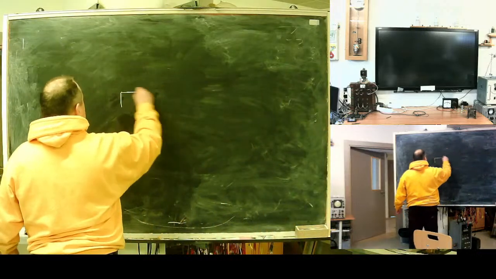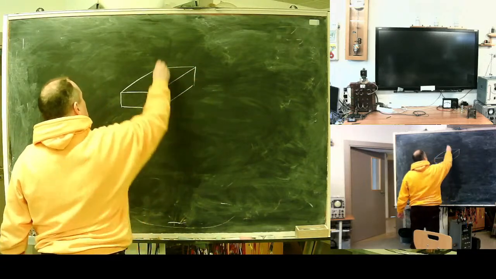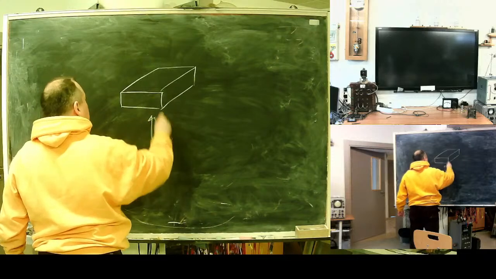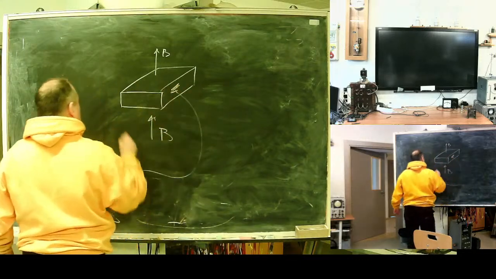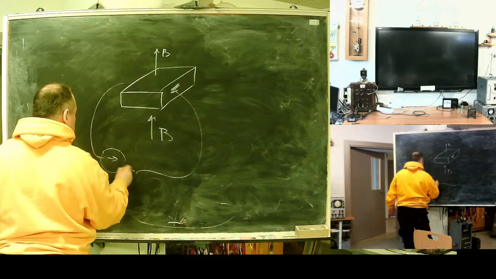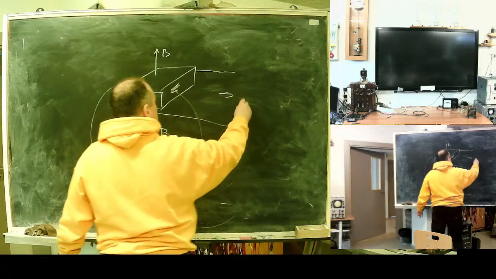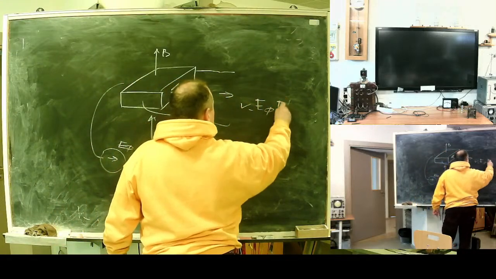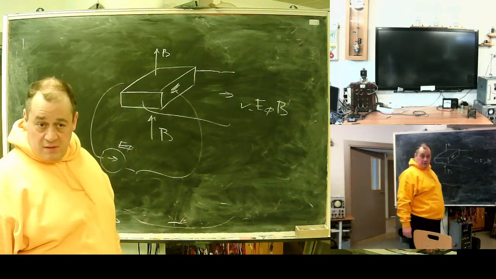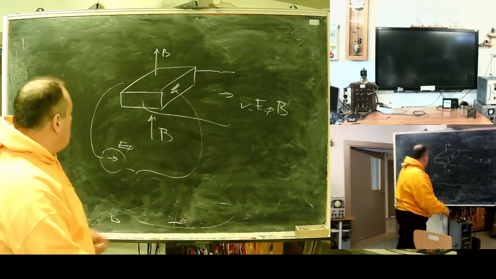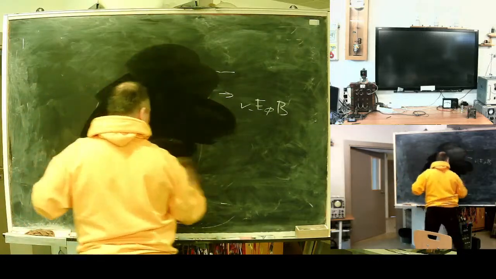If you have, let's say, a block of semiconductor in a magnetic field and you apply an excitation voltage, the output will be proportional to the magnetic induction. Hall effect, from physics. A sensor based on the Hall effect.